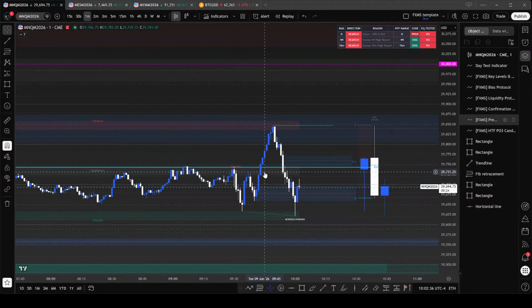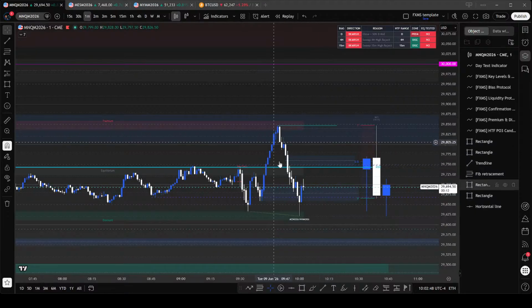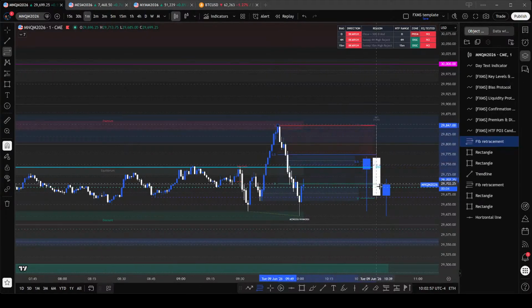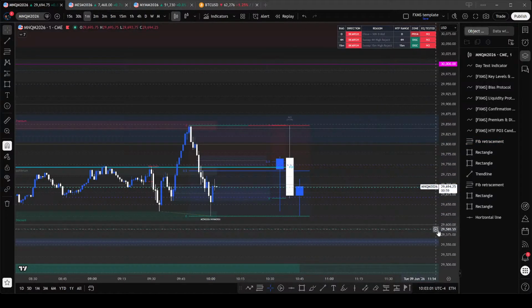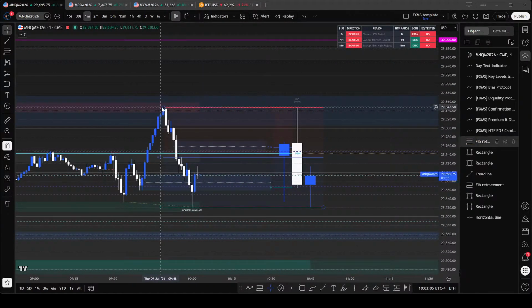Yep, price already ran through, right? So that's the sweep that we're looking for to be confirmed a sweep, right? And that confirmed by trading below and giving us a change of character. So now we want to see confirmation. Now we have the swing low. So we just formed the swing low there. And then we have, this is our low, that's our high, right?